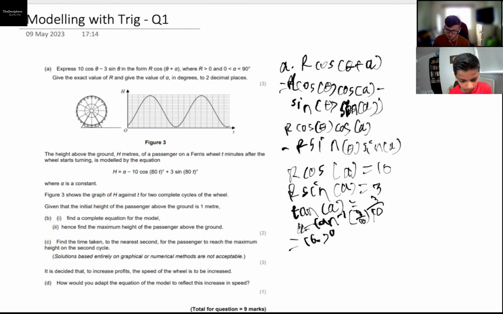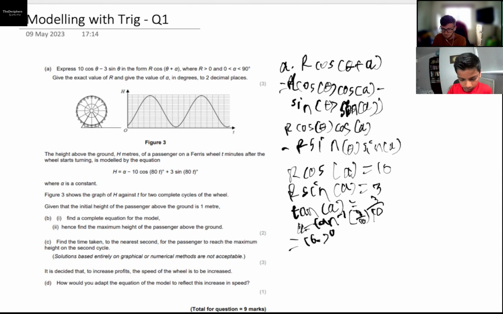Okay, so we used our one trick there to divide the two equations to get tan alpha. What's the other trick? We could substitute that back in to find r, but the fact that you forgot your calculator means that you can't sub it back in, so I'll use another trick.